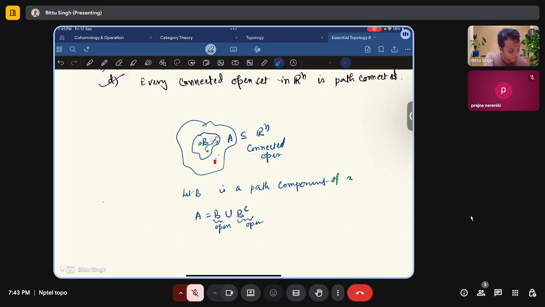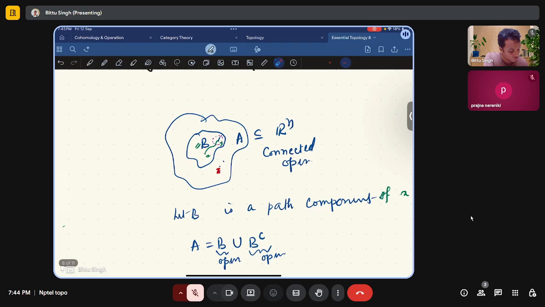So here the openness is used because, since A is open, this kind of disk will exist. Otherwise, there may not be something like this.